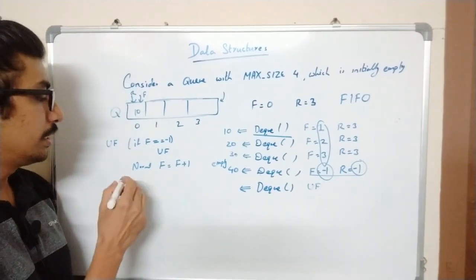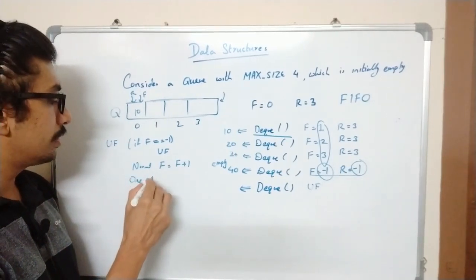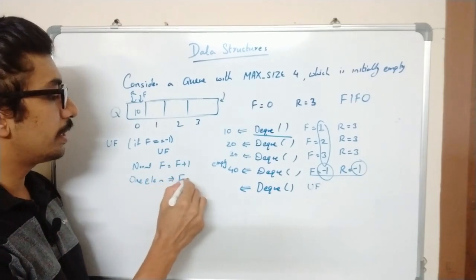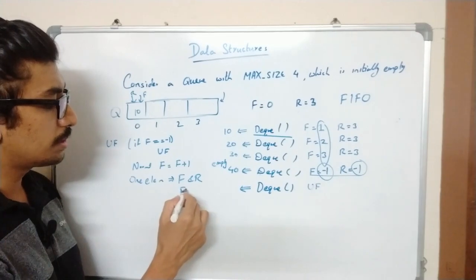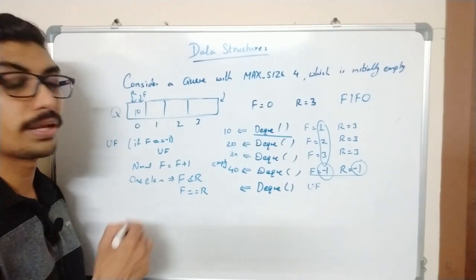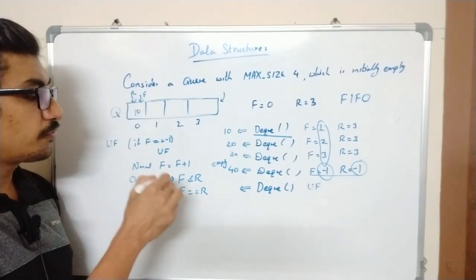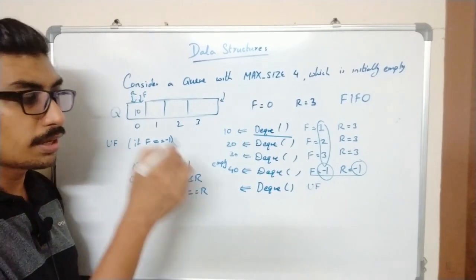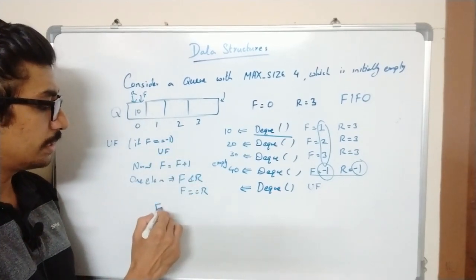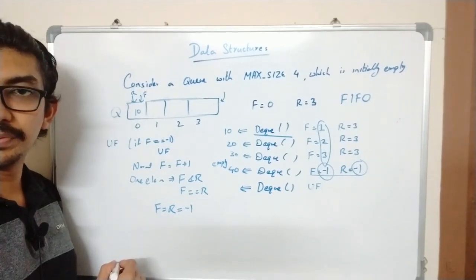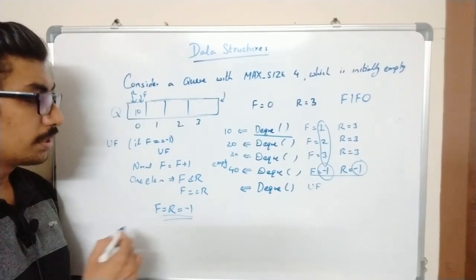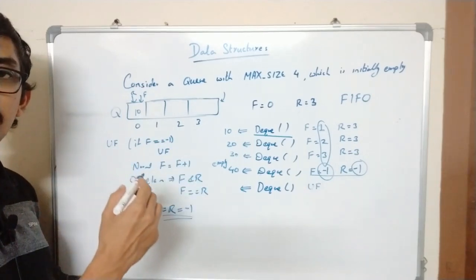As I said earlier, whenever there is only one element, both front and rear will be pointing to that same element, which means front will be equal to rear. So if front is equal to rear, you will reinitialize front and rear as -1 after deleting that element. I hope the conditions are clear for you.